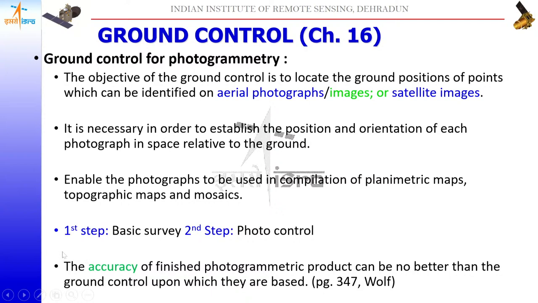The first step of ground control is the basic survey, and then the photo control. The second step is that however many points you have collected, you can apply them on the data and control the orientation and position. The accuracy of a finished photogrammetric product can be no better than the ground control upon which it is based.